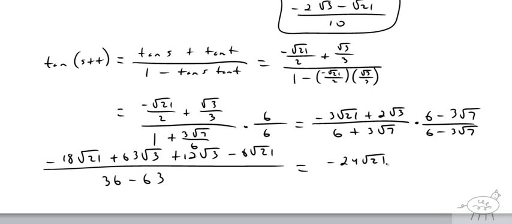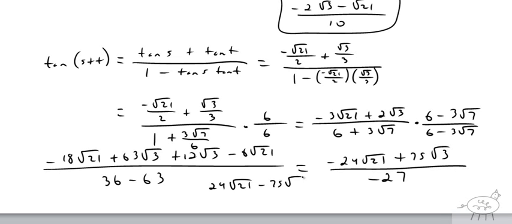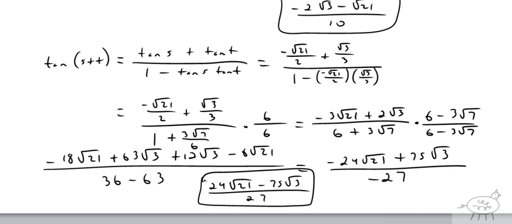And 63 plus 12 is 75, so plus 75 root 3, all over 36 minus 63 is negative 27. I don't like that negative in there, and I'm running out of room, so I can get rid of the negative on the bottom, and I just have 24 root 21 minus 75 root 3 over 27.